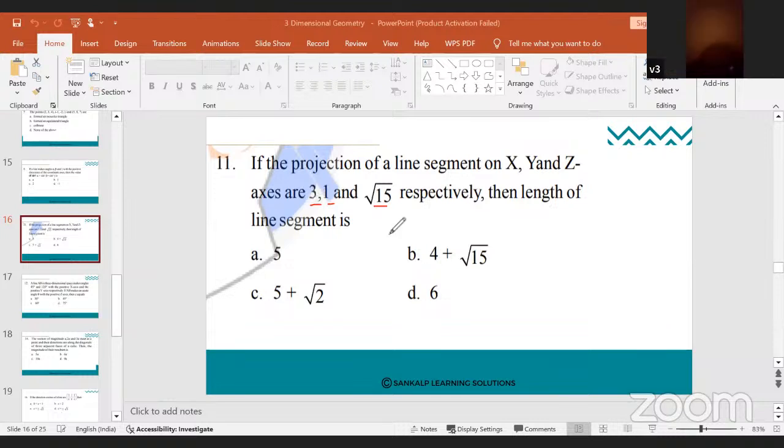The length of the line segment is how much? Aishwarya from the YouTube channel has given option A as the correct answer.